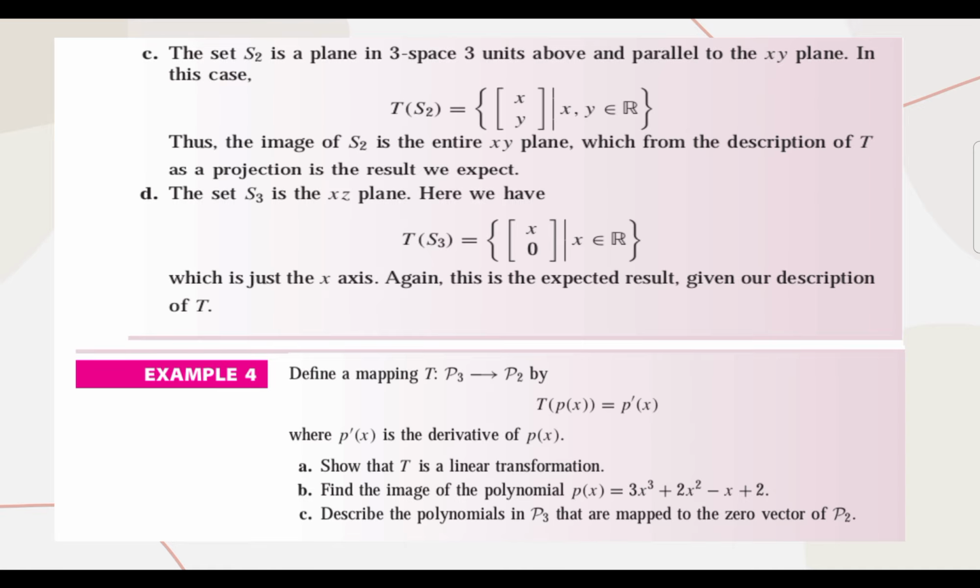So in letter C, the set S2 is a plane in 3-space, 3 units above and parallel to the xy plane.